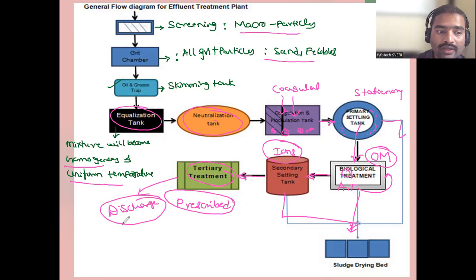After this, it may be discharged, or it may be reused or recycled after the effluent treatment plant.